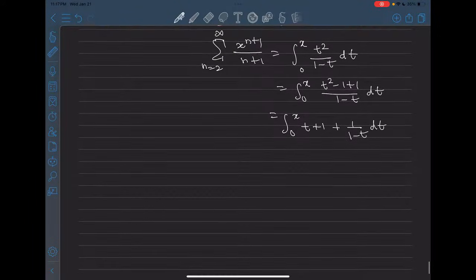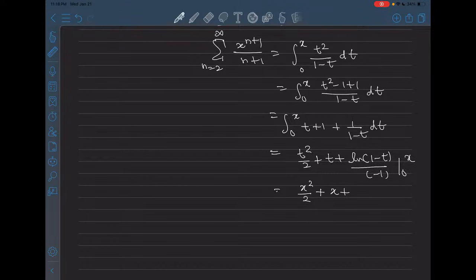I don't like the fact that I'm getting log over here. t squared by 2 plus t plus I have ln of 1 minus t by minus 1, from 0 to x. So this is x squared by 2 plus x plus, and then actually minus.